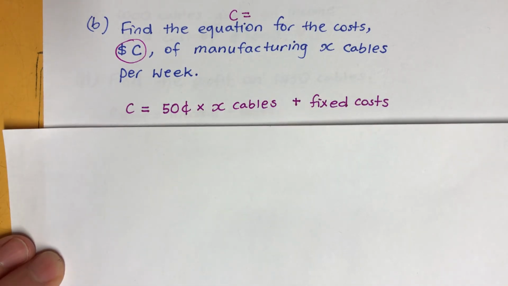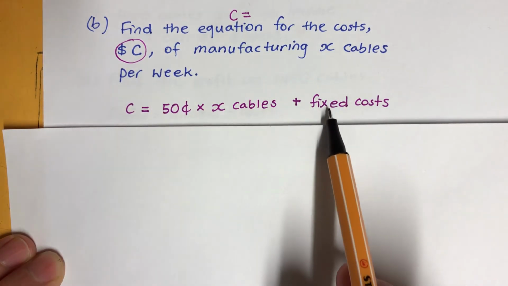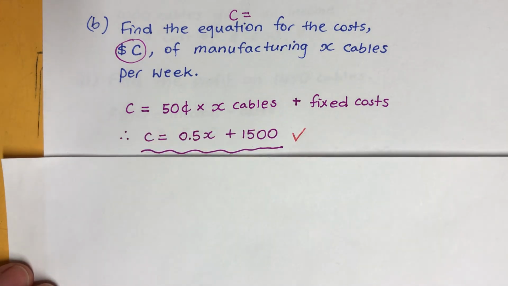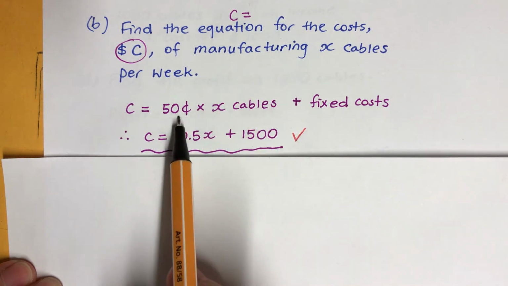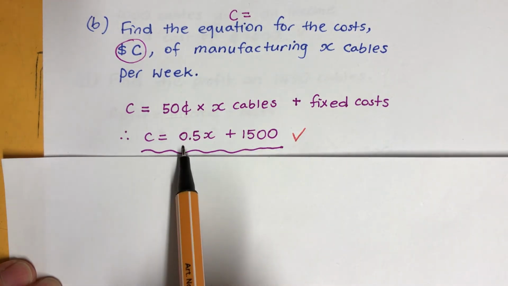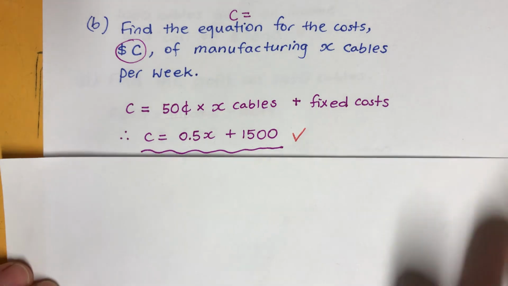Now C equals 50 cents times X cables, and let's not forget fixed cost here, because we are looking for a cost equation. We need to think about fixed cost, which was $1,500. Make sure 50 cents is not represented as $50. If you put 50X, it'd be $50 to produce a cable. It's not, it's 50 cents, so make sure you put 0.5.